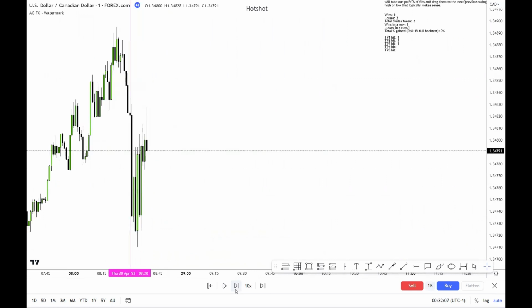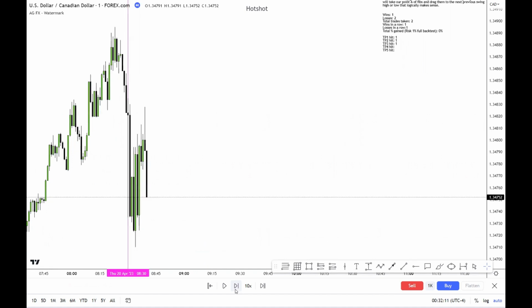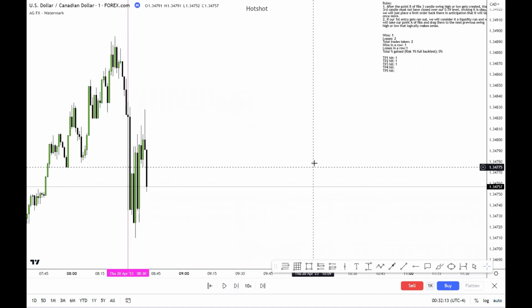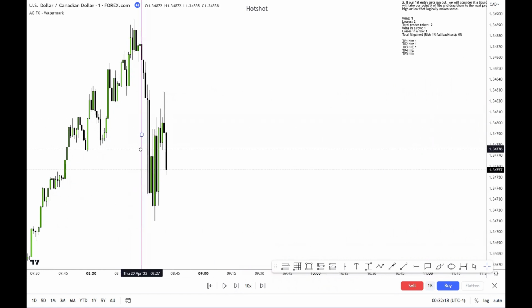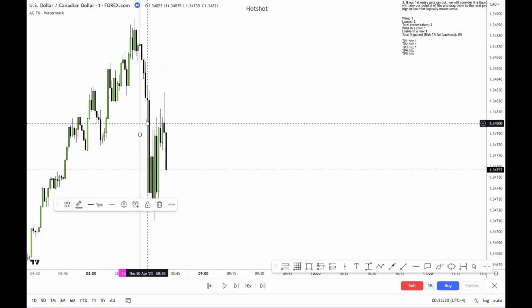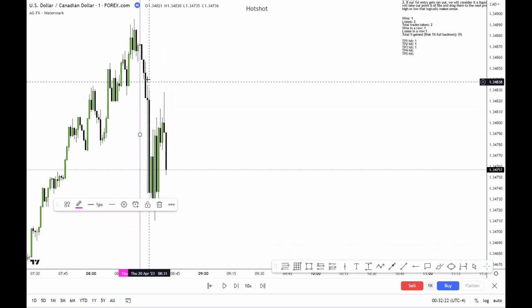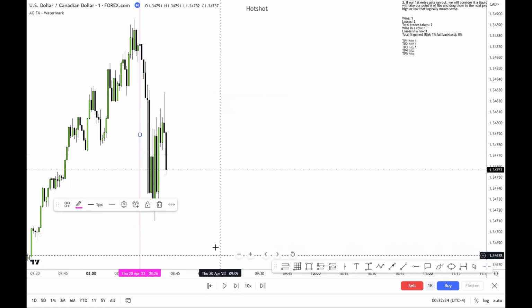Market structure shift. Build an imbalance right here, right? No, there's no imbalance right there with this. There's an imbalance right here.